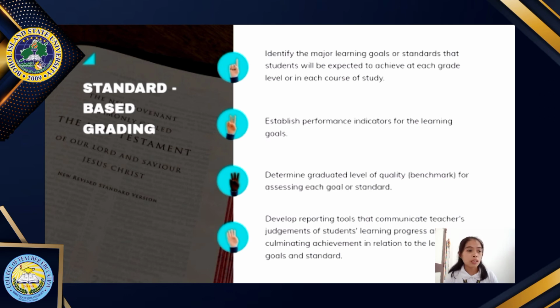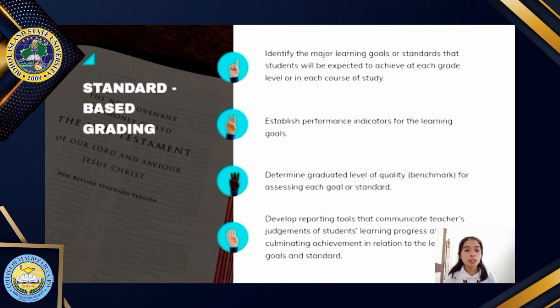Many schools initiated standard-based grading procedures and reporting forms. And Guskey and Bailey 2001 identify the 4 steps in developing standard-based grading. These steps are: first, identify the major learning goals or standards that students will be expected to achieve at each grade level or in each course of study.